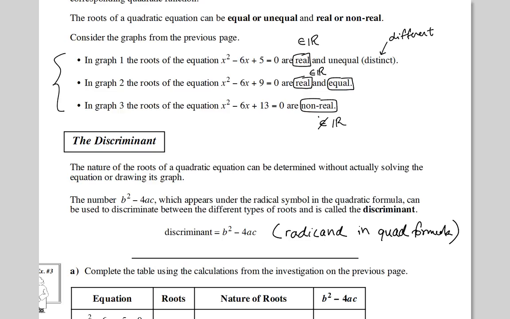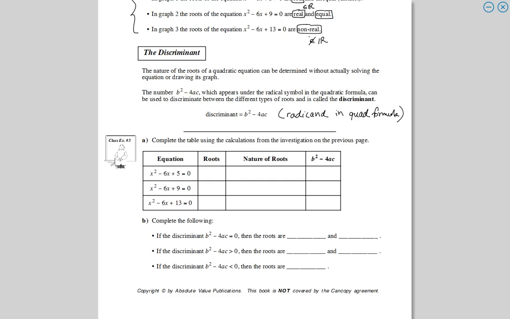Just like a radius is the distinctive feature for a circle, this radical is the distinctive feature for the quad formula. So what's the most important part of the quad formula? The discriminant.